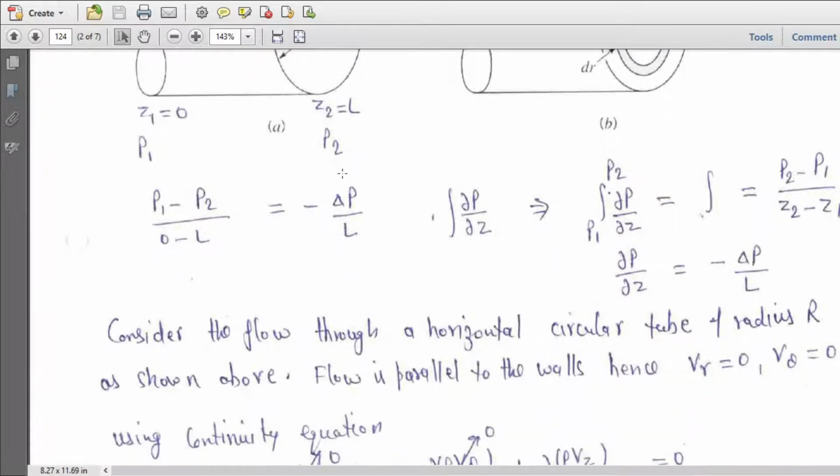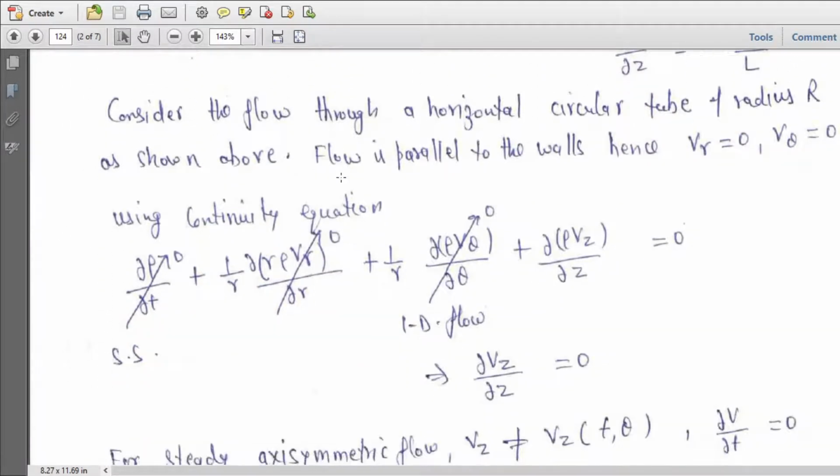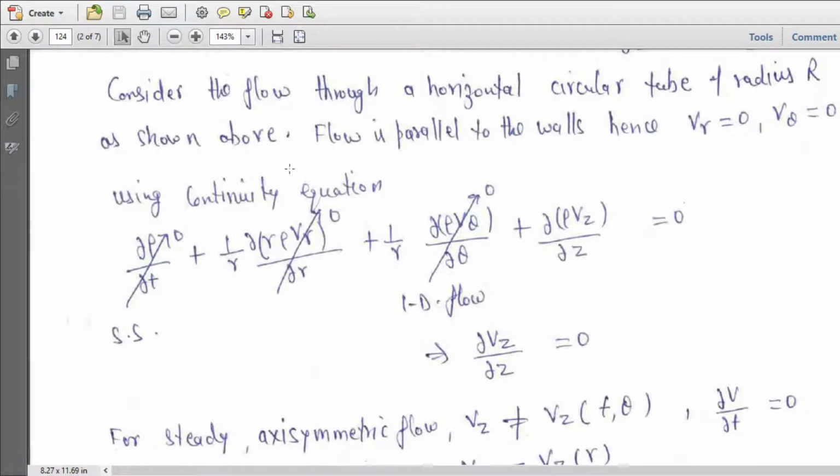Now consider the flow through horizontal tubes. Now we are putting the continuity equation. The continuity equation in cylindrical coordinates is given by this equation here. Now we are putting our constraints. First, we are considering steady state flow, so this term is getting cancelled.